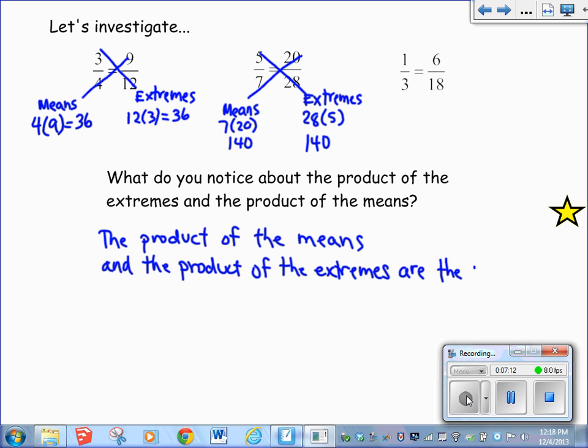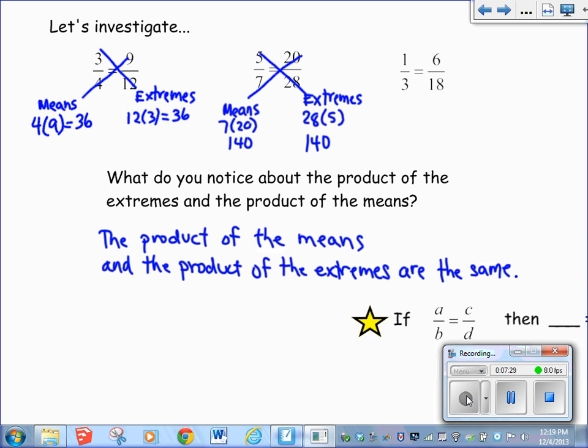Logan said are the same. We could have said are equal. Whatever word you prefer, I don't care. But you want to understand that they should be the same. Okay? All right.